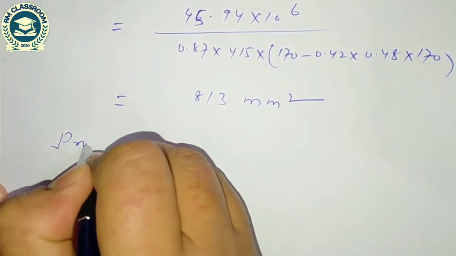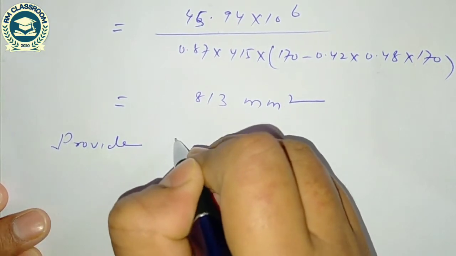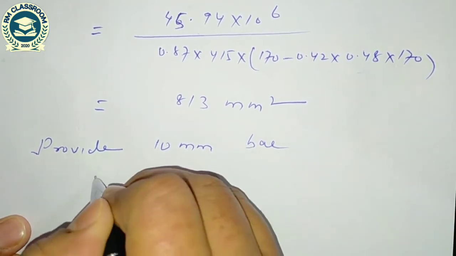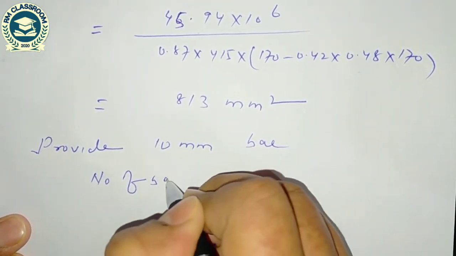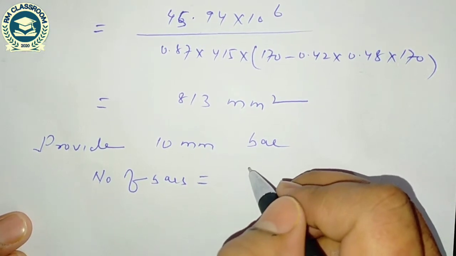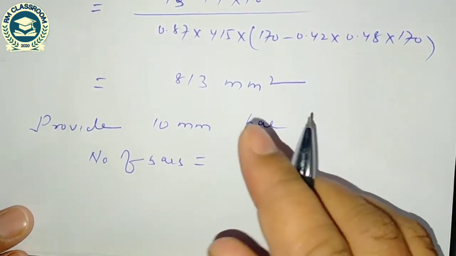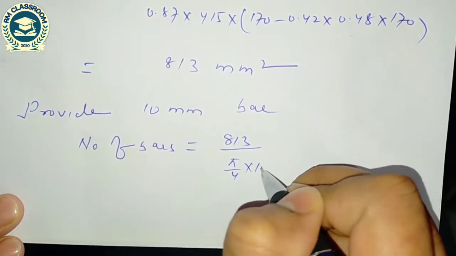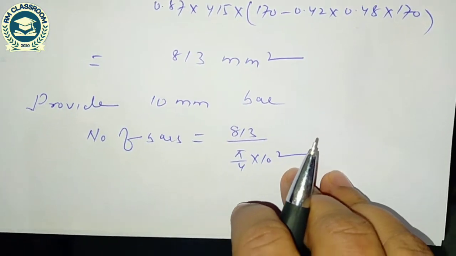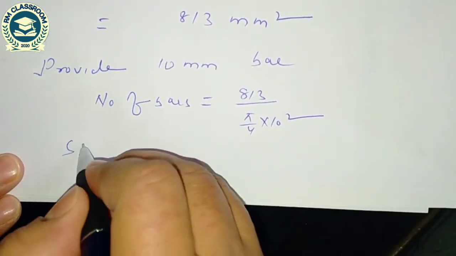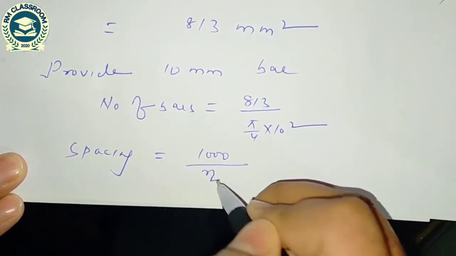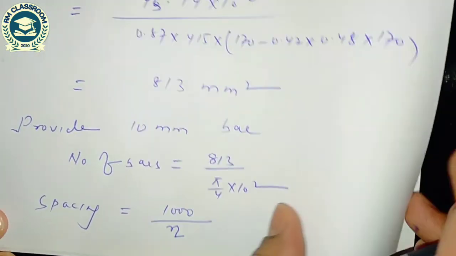So provide 10 mm bars. So number of bars is 813 divided by pi by 4 into 10 square, and spacing is 1000 divided by n. So if I provide 12 mm diameter bars, we can compute similarly.